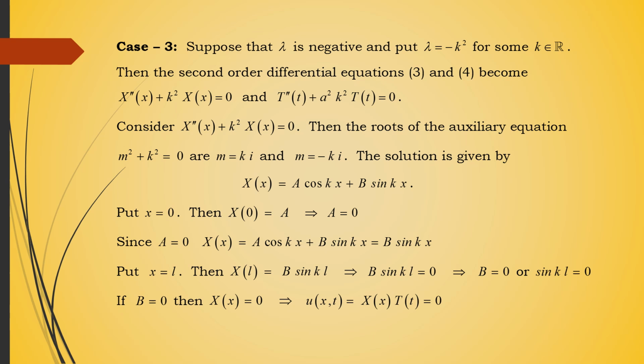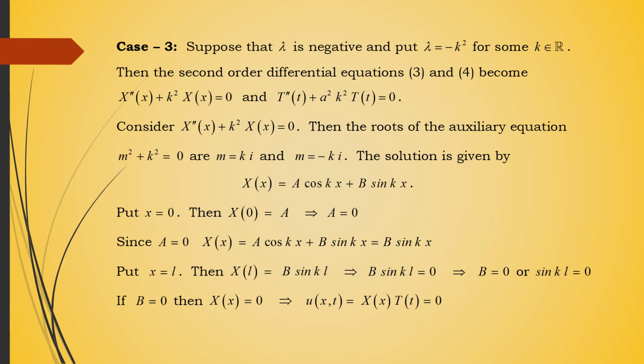Previously, we obtained two conditions: X(0) = 0 and X(L) = 0. Let's apply those two conditions to this solution, X(x) = A cos kx + B sin kx.